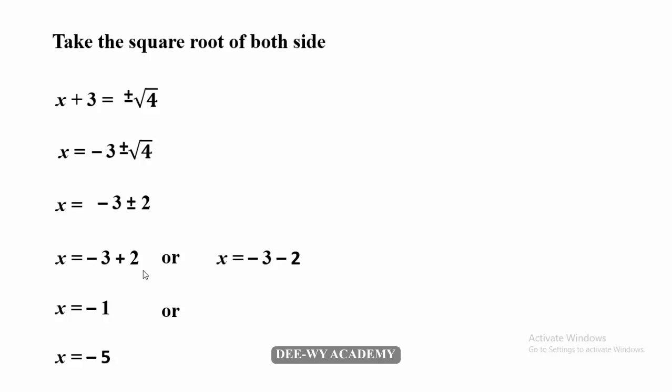We can check if it is true or if our answer is correct. Let's check. The first one, we have x is equal to minus 1, and the equation is x squared plus 6x plus 5 is equal to 0. It means that if you find the value of x and you substitute it in place of x, you will have 0.